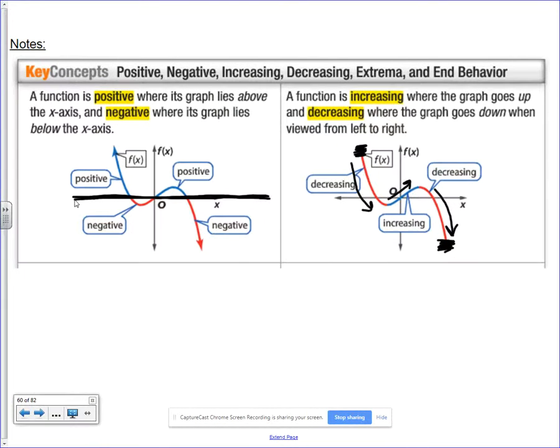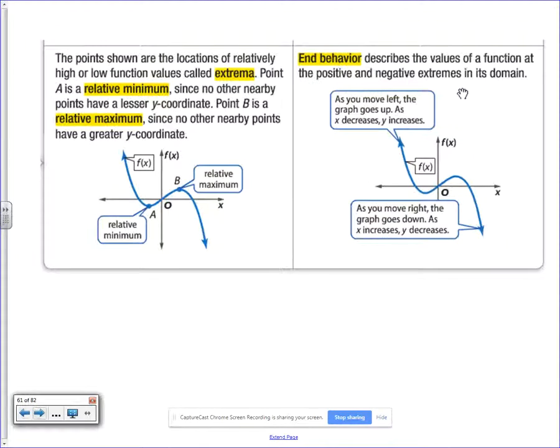If you turn to the next page, please read the left-hand box. I would like for you to circle the word extrema.